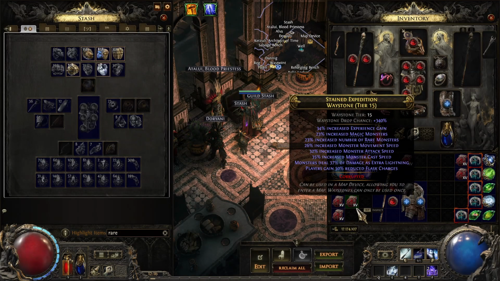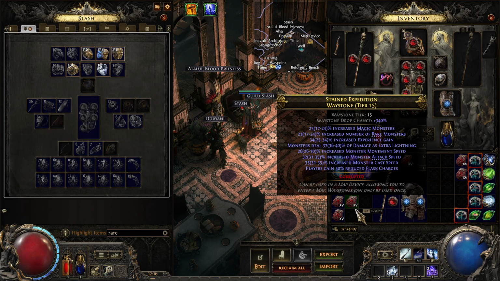Waystone affixes are fairly important, and one thing you need to know is that Waystone affixes work differently from PoE1 to PoE2, because the prefixes of a Waystone increase the rewards you're getting from the Waystone, and the suffixes increase the difficulty of the Waystone while increasing the Waystone drop chance.